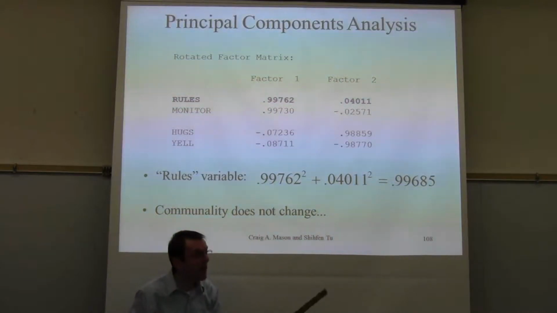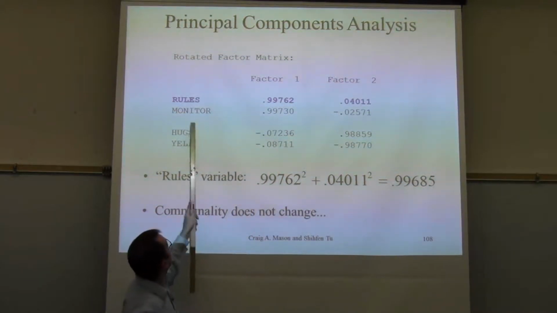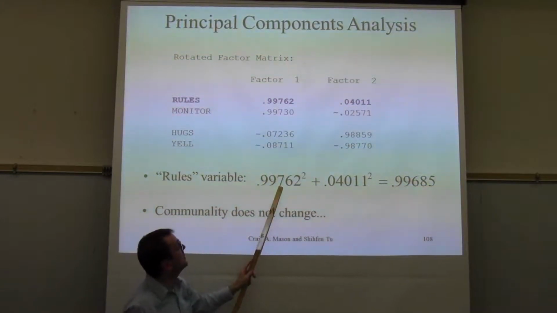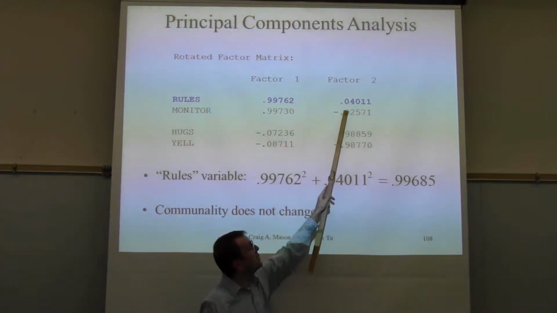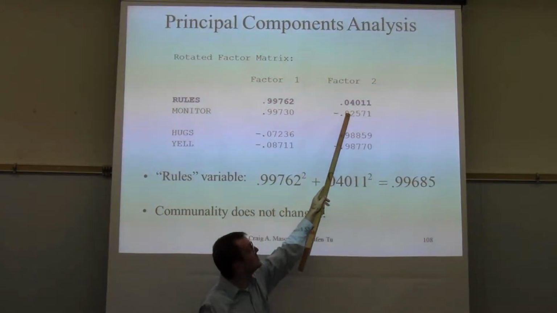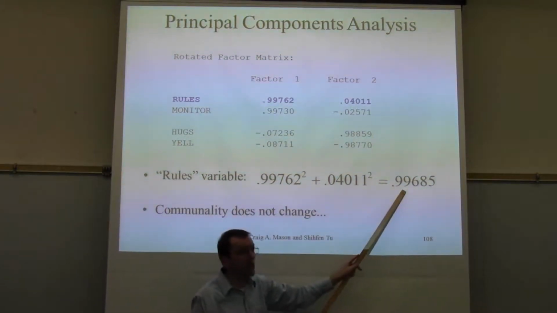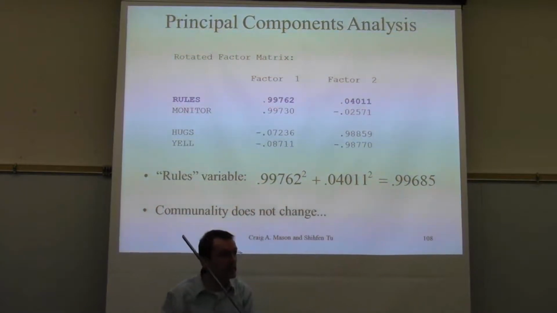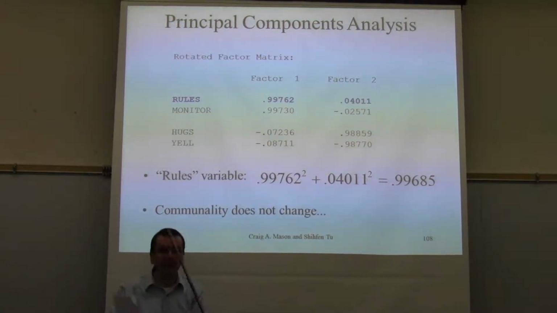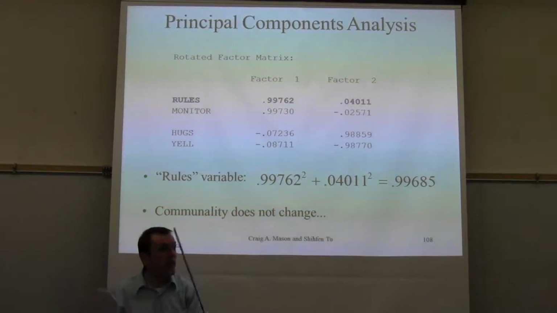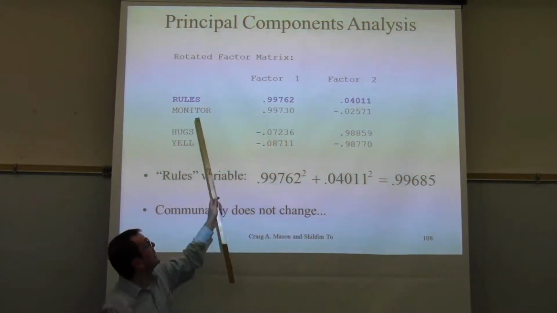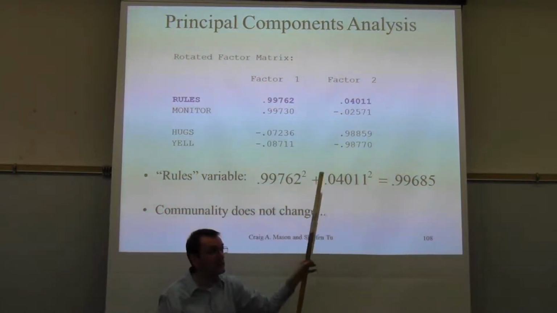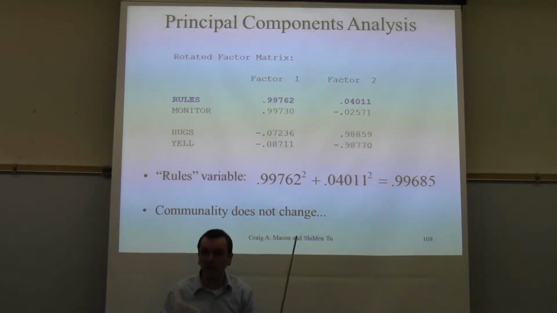But the communality doesn't change. If we go back to rules, and I square 0.99762, and I add that to the square of 0.04011, I still get 0.9685. I get exactly the same communality. The amount of information in rules that's captured by those two factors is exactly the same.